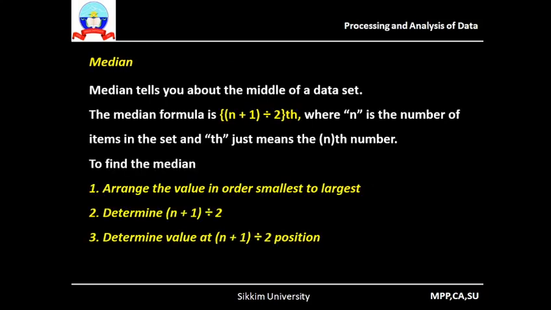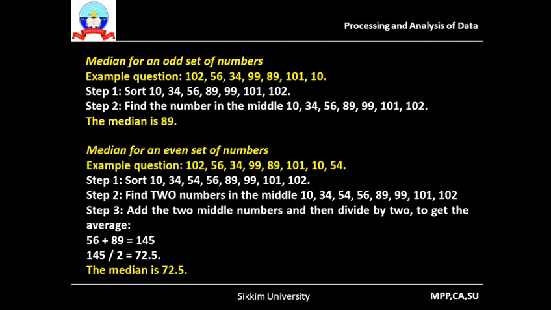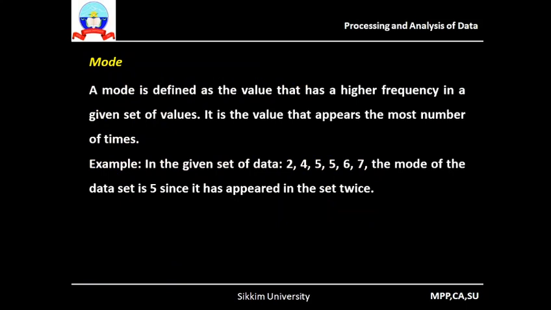Then we moved on to median, where we discussed how to determine the median. We also discussed the situations where different techniques can be used for determining medians. Then we moved on to mode, where mode represents the most frequent item. In the subsequent class, we will discuss measures of skewness, measures of dispersion, and measures of relationship.